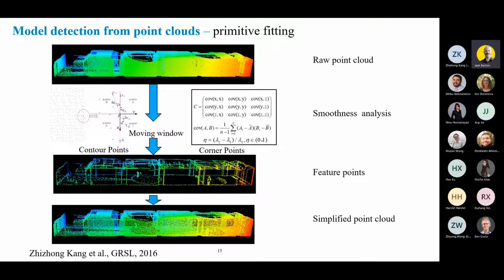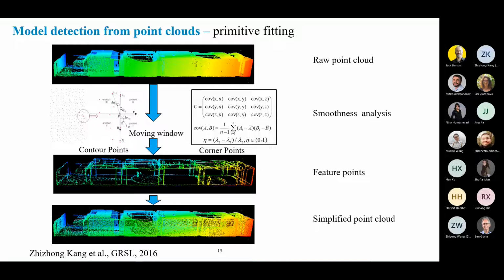Okay, are you still there? Can you see the correct slide now? This is the primitive fitting. I can see the primitive fitting at the moment.